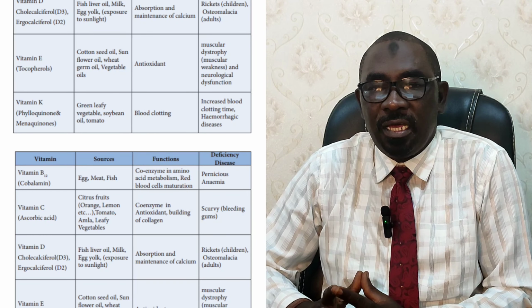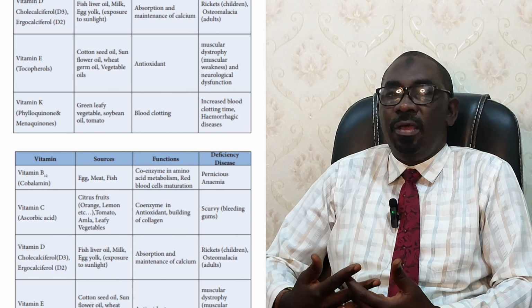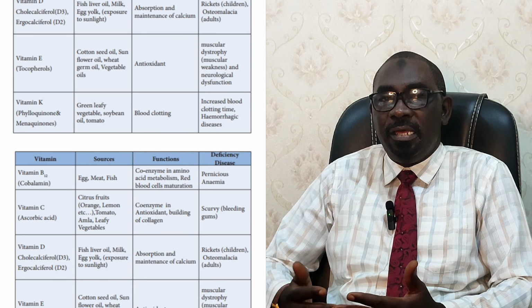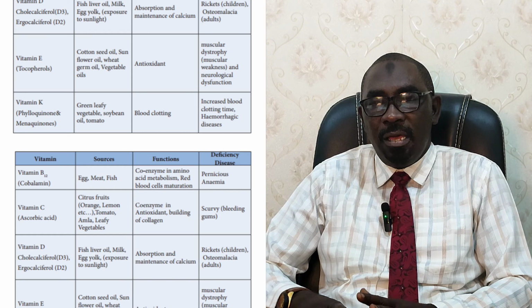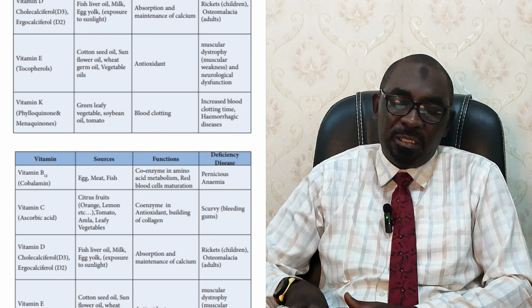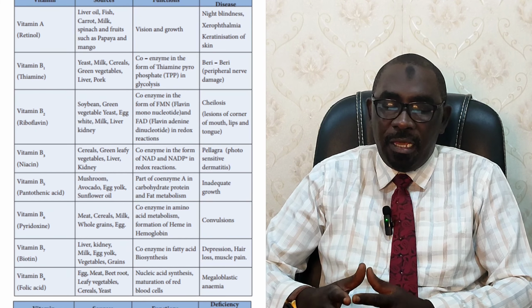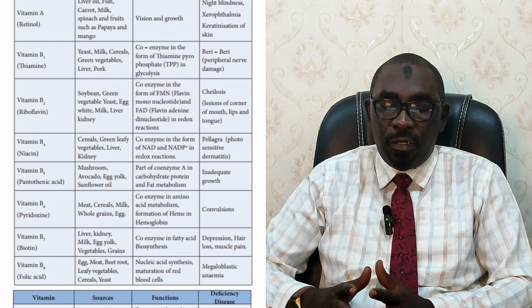So if somebody does not have enough of these vitamins, even children that are supposed to have adequate growth will now experience inadequate bone formation and inadequate growth. So the deficiency of this vitamin presents this problem, and so it is part of coenzyme A in carbohydrate, protein, and fat metabolism. That is what pyridoxine does.